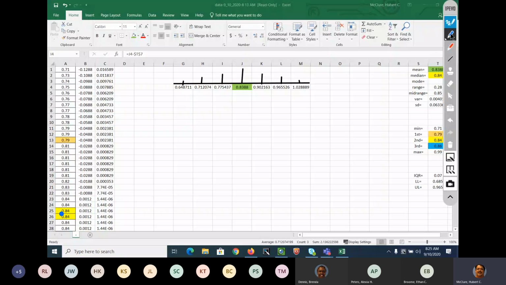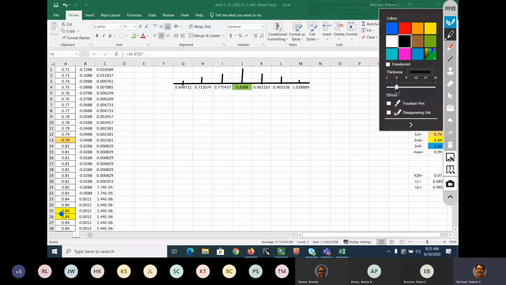But I'll try it. Black. I'm about to drop it down a little bit. There we go. Take our highlighter, translucent, verde, and that is between 2 standard deviations is 95%.